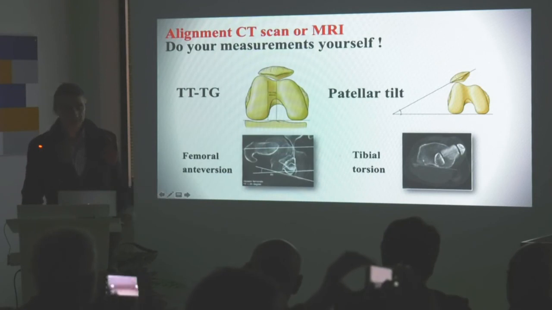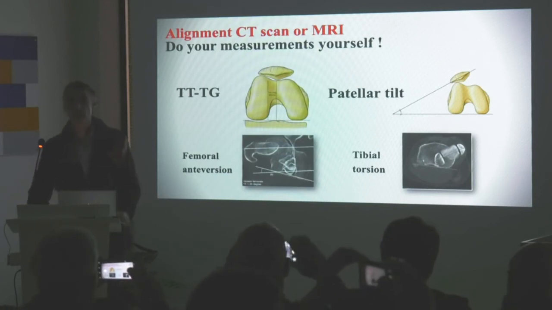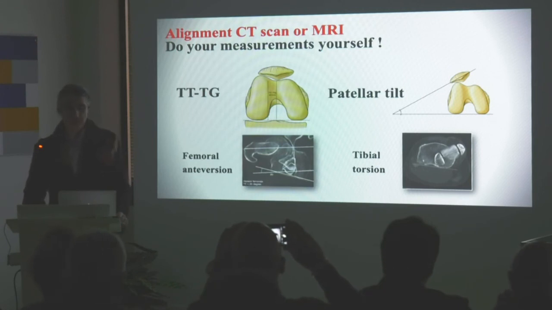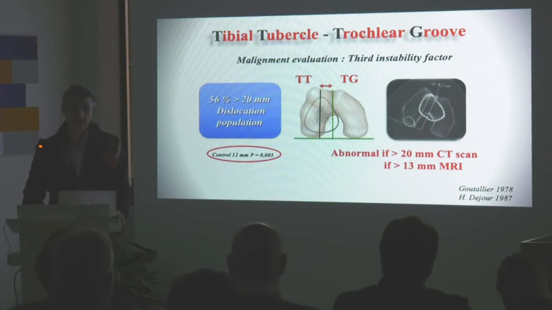Very, very rare. Then we move to the third risk factor, which is the TT-TG that we measure on the CT scan or on MRI, and you can do both, MRI or CT, whatever, not a problem.